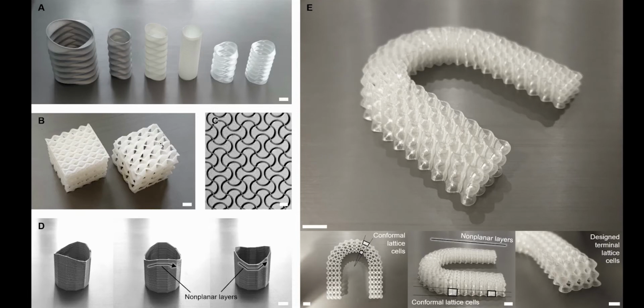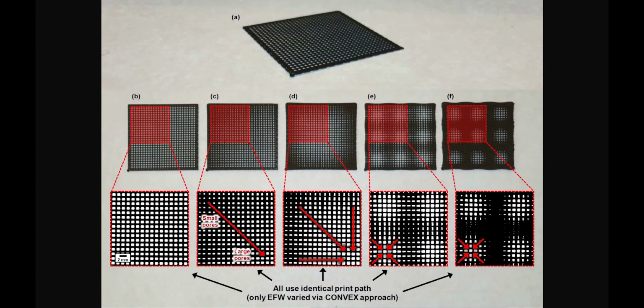And you can see more details in the paper about the production of some of these lattices with conformal cells and that sort of details that would again be very difficult or impossible for CAD to achieve. And please have a look at some of the other examples in the paper.